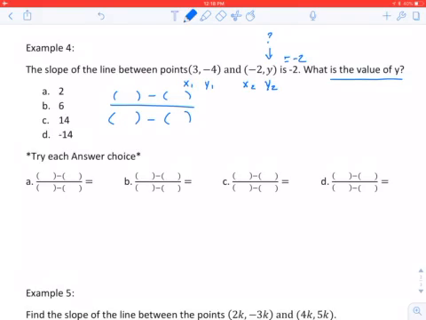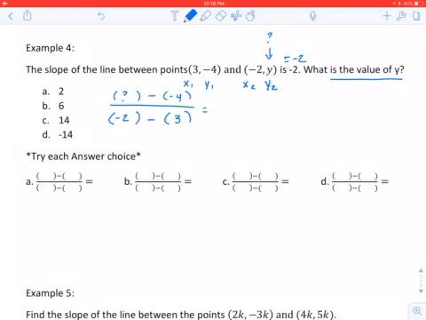Open parentheses. So in y2, this is where we are going to plug in one of our answer choices, right? So I'm just going to put a question mark right there because we don't know which one that is yet. y1 is -4. x2 is -2. And x1 is 3.